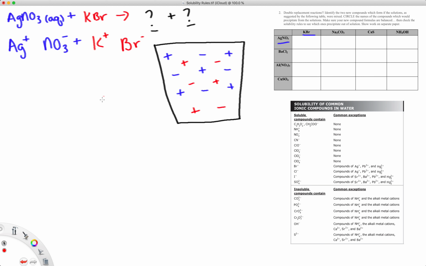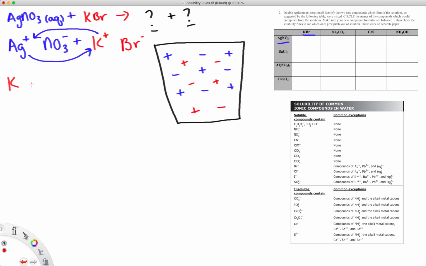So back to this over here. The next step is to switch our positive charges. This potassium is going to come over here and take silver's place, and silver is going to come over here and take potassium's place. Then we end up with the following.